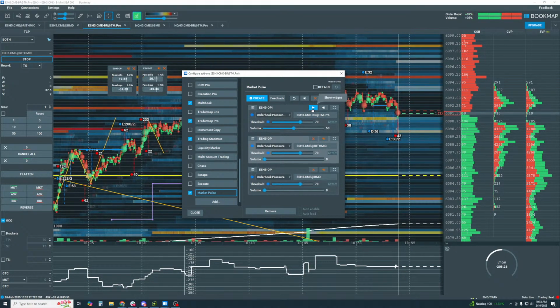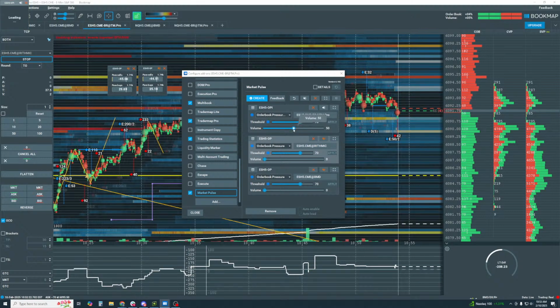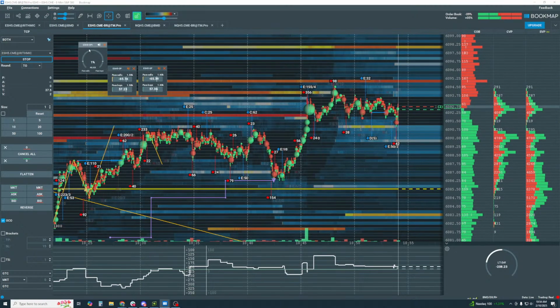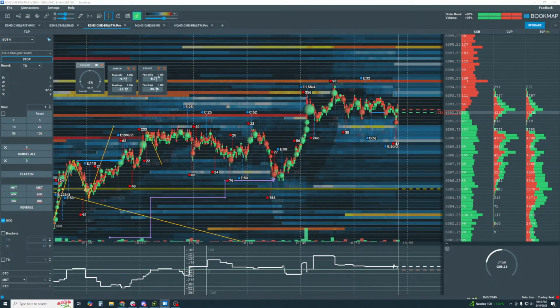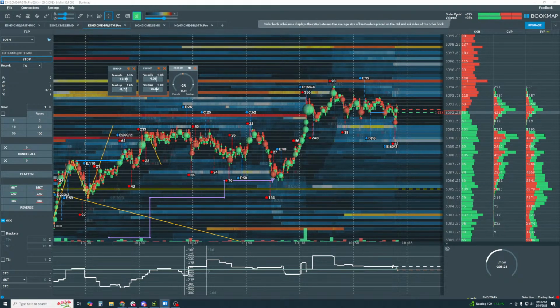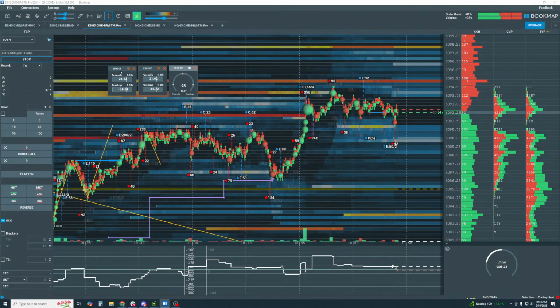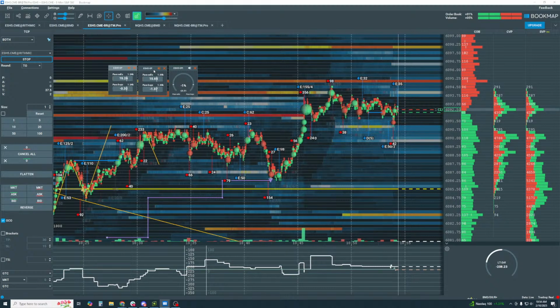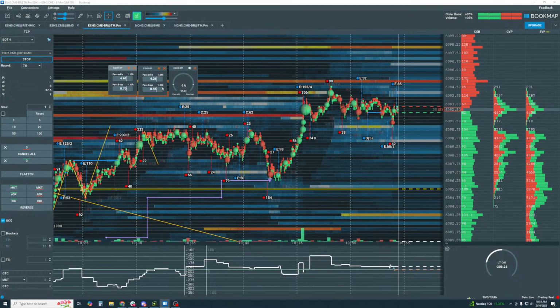The difference between them all is, we've got the order book imbalance indicator up here, which is actually tied to one of the Market Pulse tools. Then this one here, the order book pressure, is showing both buy and sell, so passive sells and passive buys.